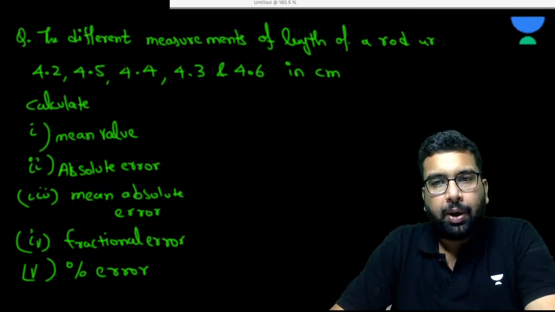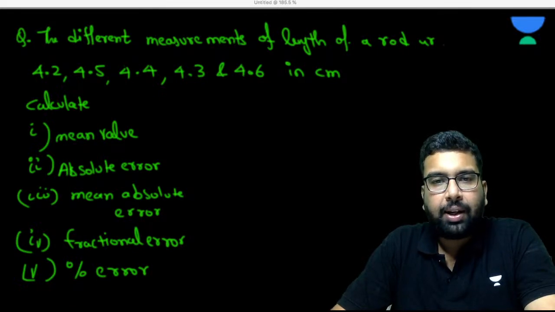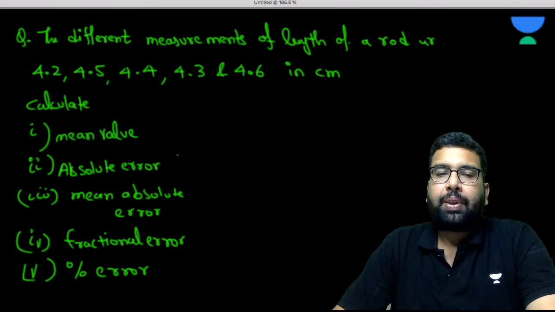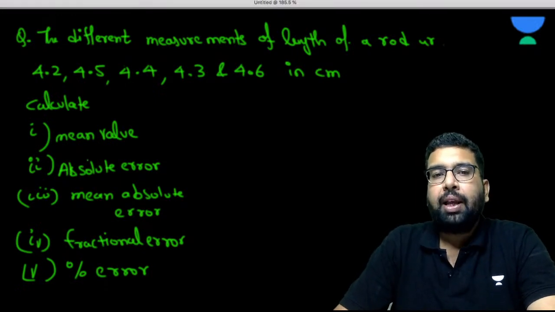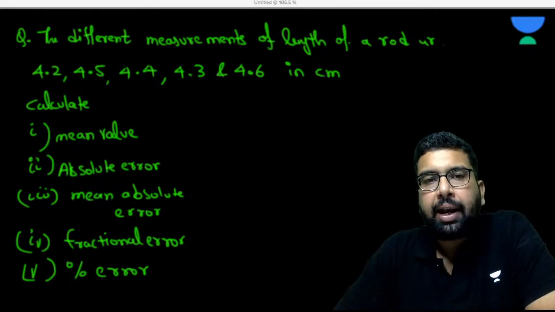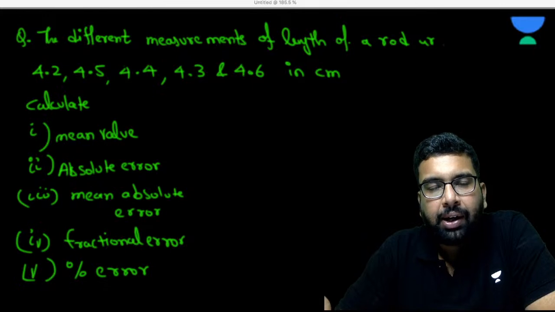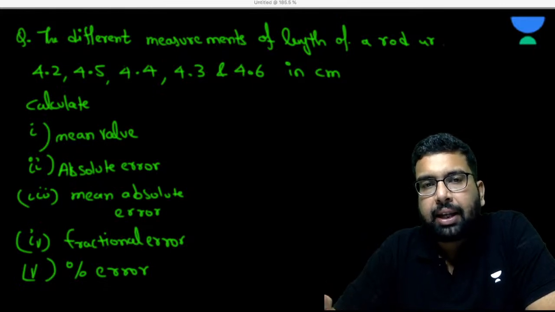So what it says: the different measurements of length of a rod are 4.2, 4.5, 4.4, 4.3 and 4.6 in centimeter. Calculate the mean value. Now please understand this.